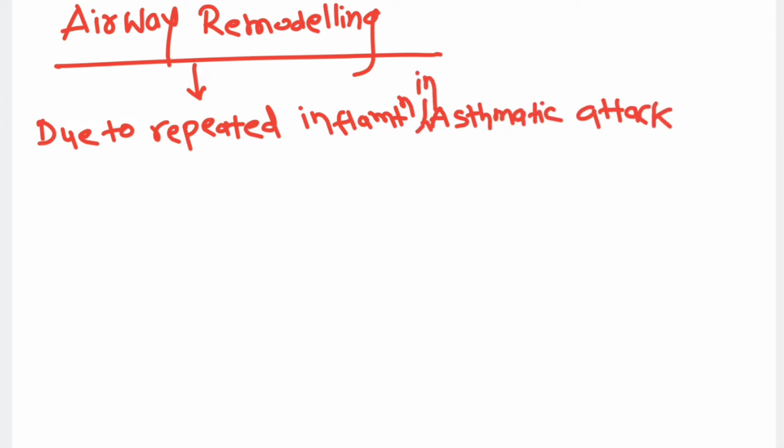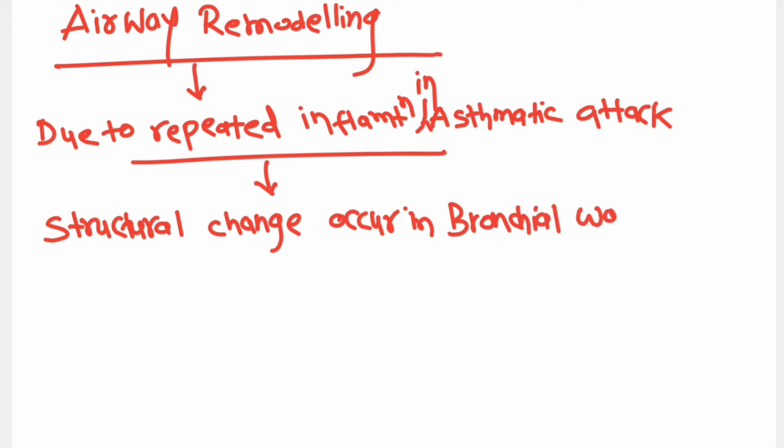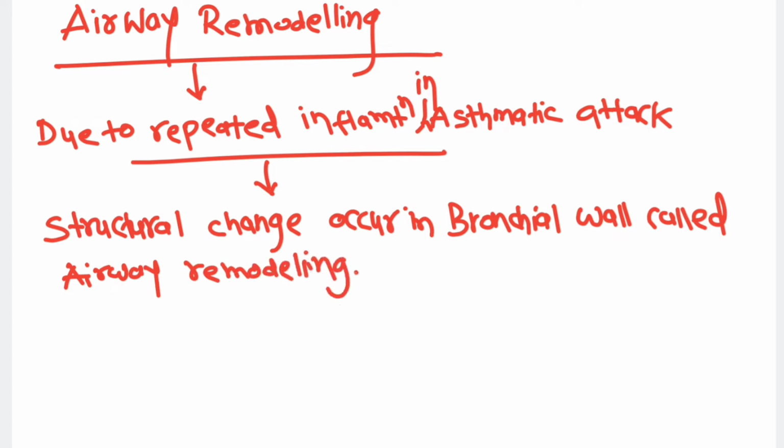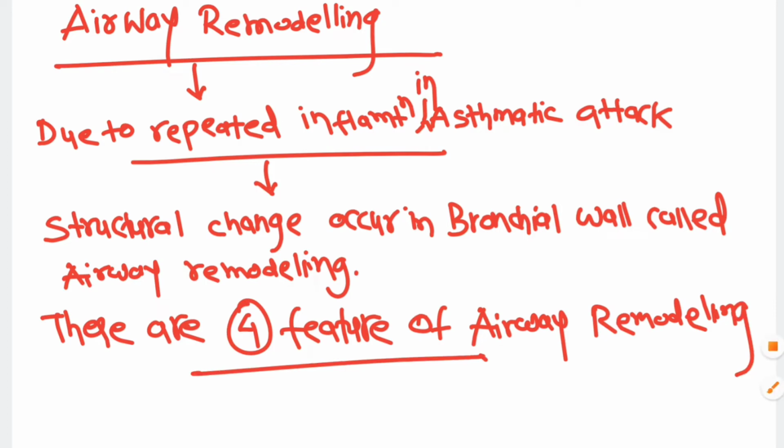Repeated attacks lead to repeated bouts of inflammation, and so ultimately there will be structural changes in the bronchial wall, which is known by the name airway remodeling. There are 4 features of such airway remodeling.